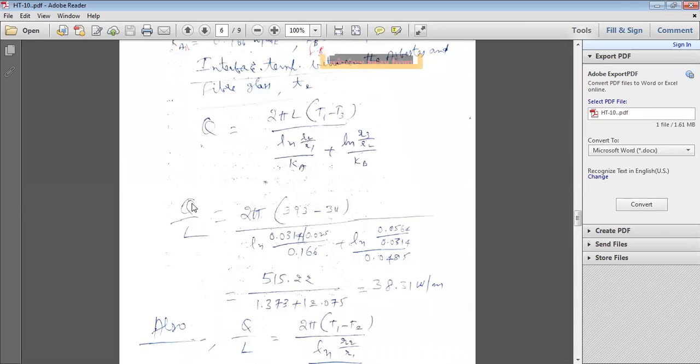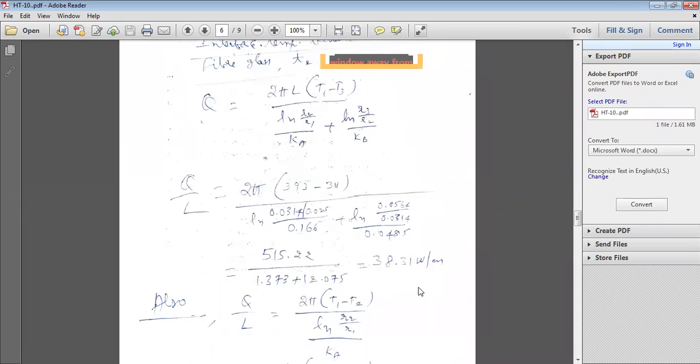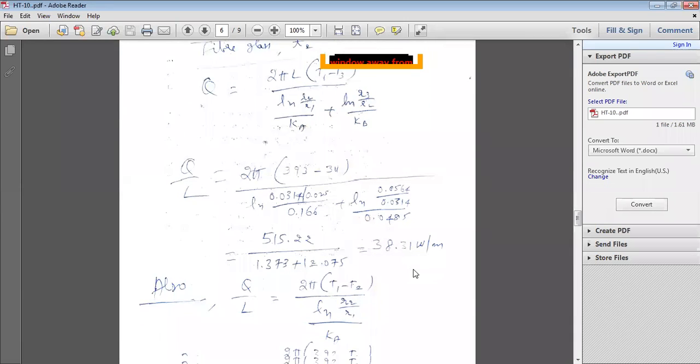If you simplify this, the heat transfer rate per unit length is 38.31 watt per meter.